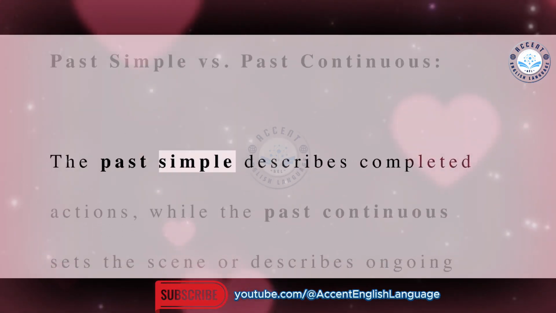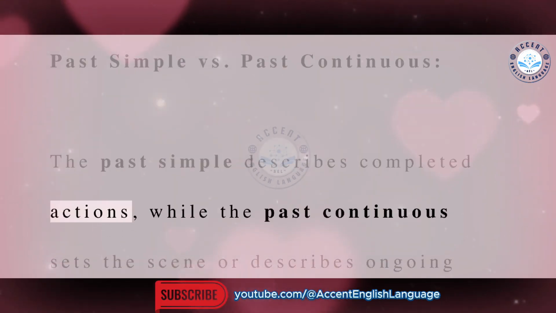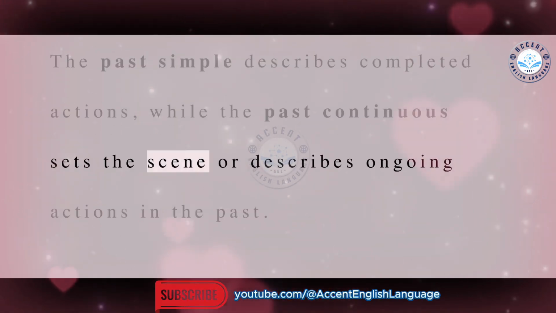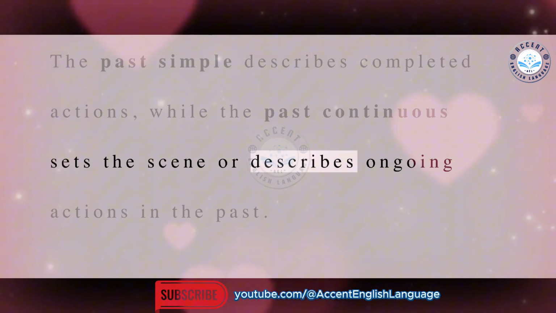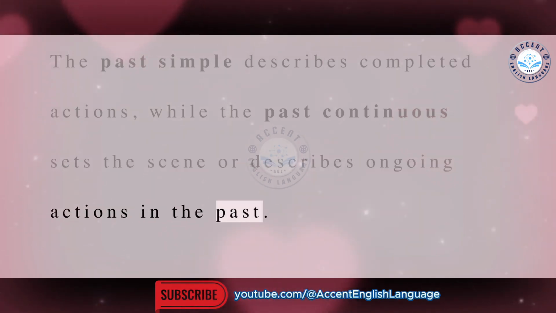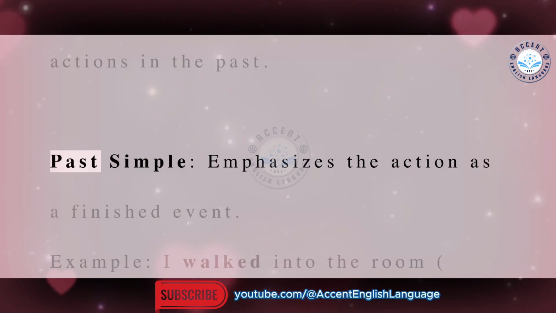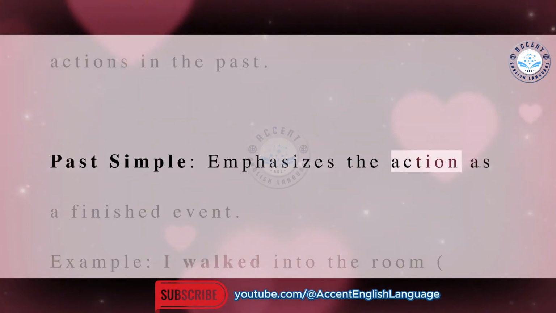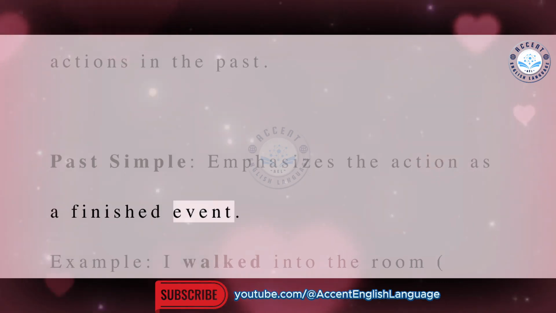The past simple describes completed actions, while the past continuous sets the scene or describes ongoing actions in the past. Past simple emphasizes the action as a finished event.